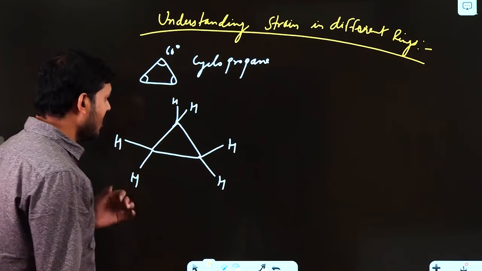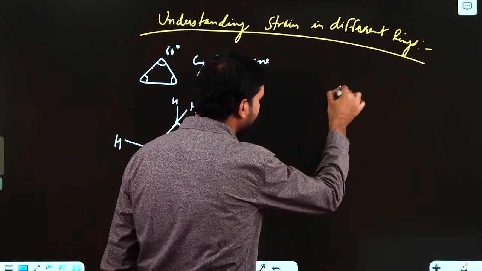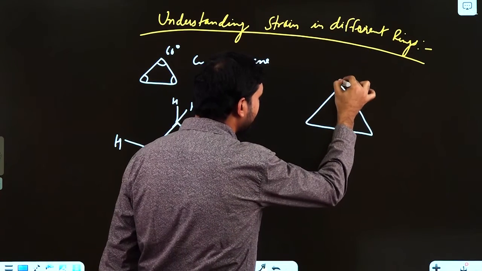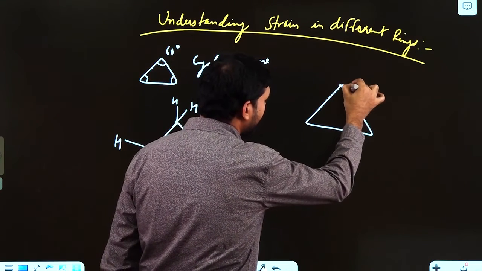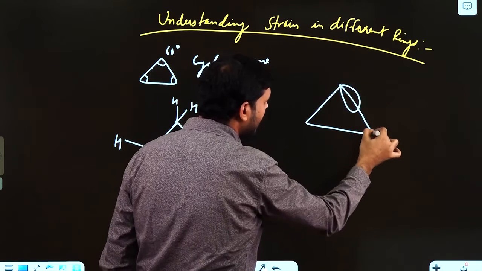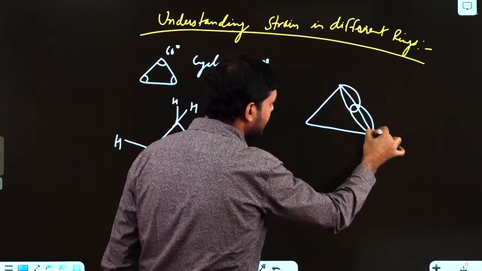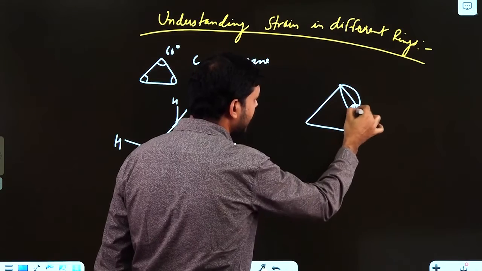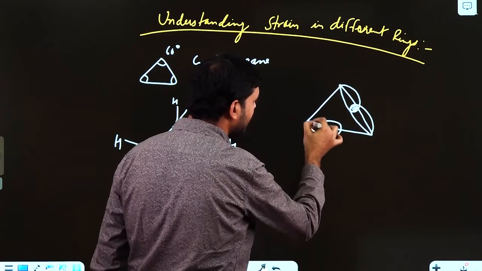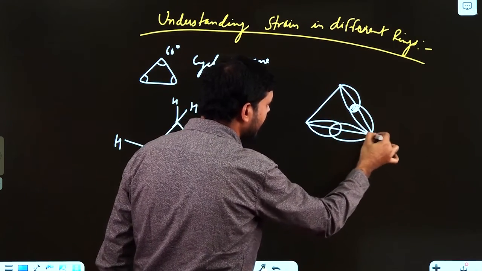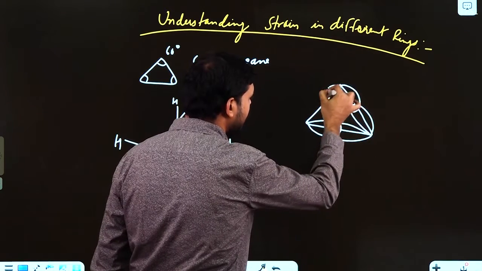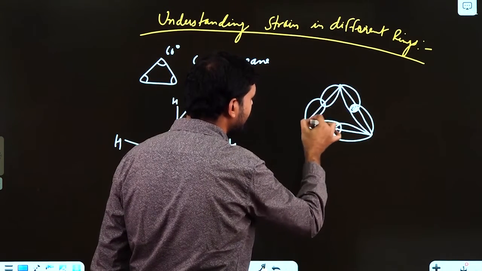Now if we observe the overlapping, how this bond must have been formed, this carbon's orbital overlapping must have been done in this format, right? Again this bond via overlapping in this way, and this bond in this part.